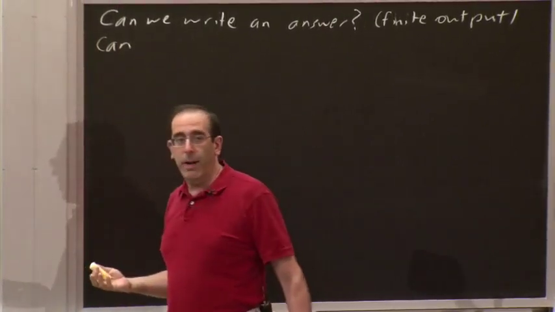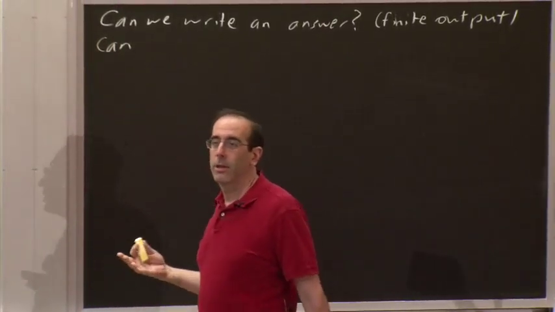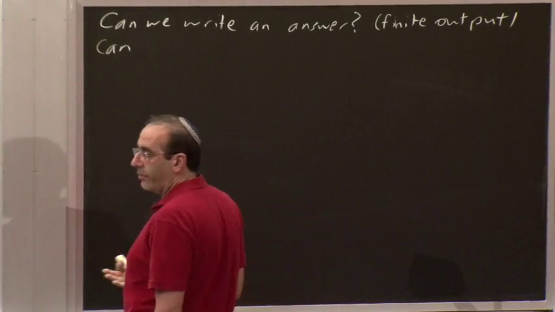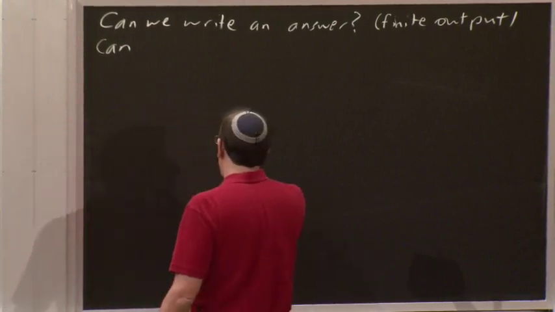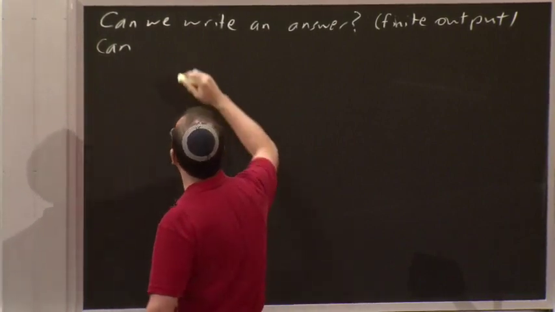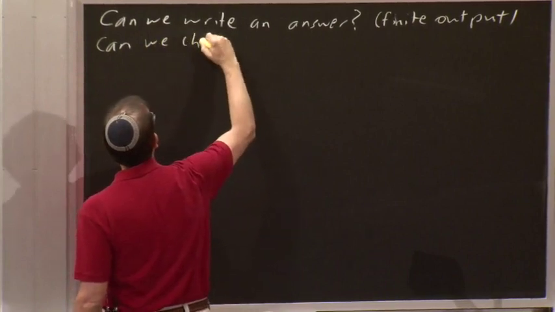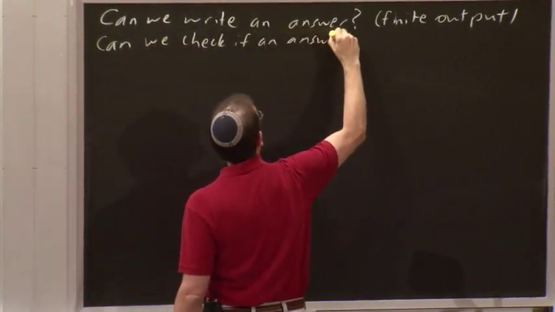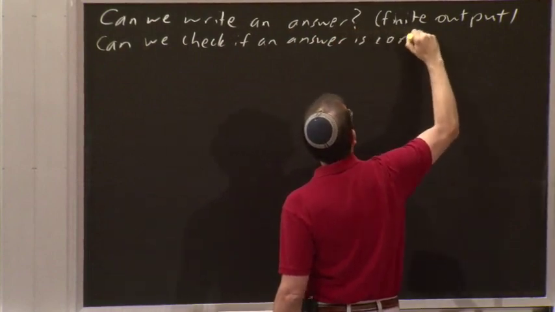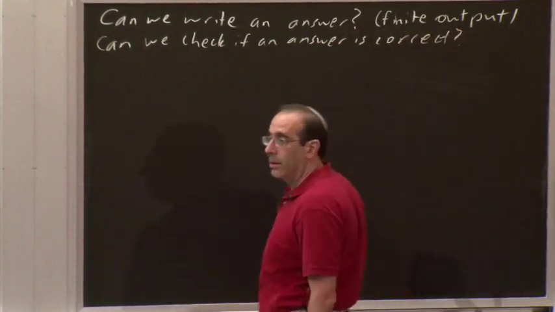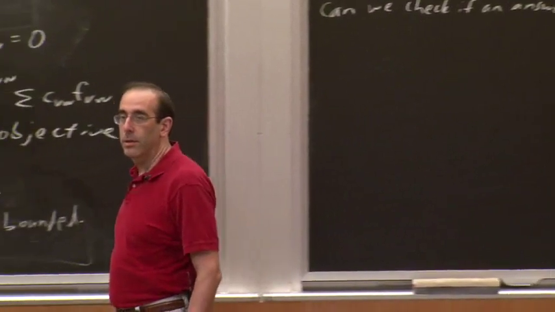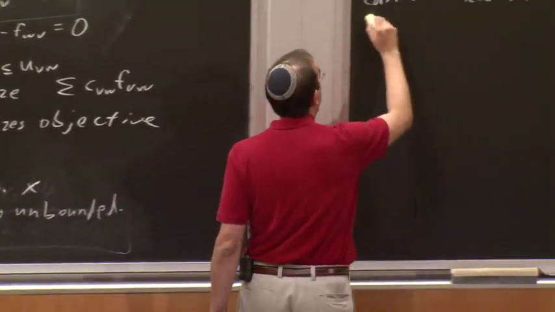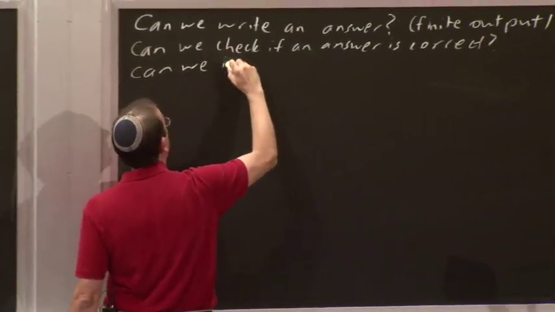But even if we can write it down, how are we going to find it? Well, this is along the lines of what I've asked about max flow. Can we check if an answer is correct? Can we do that in polynomial time?